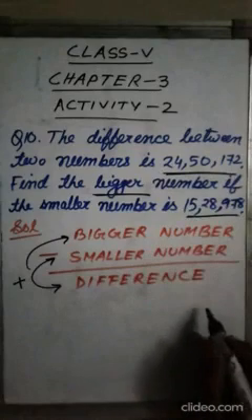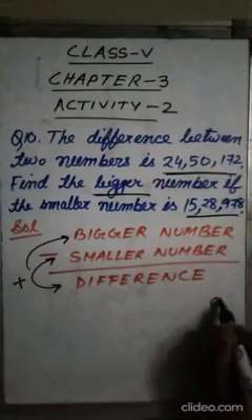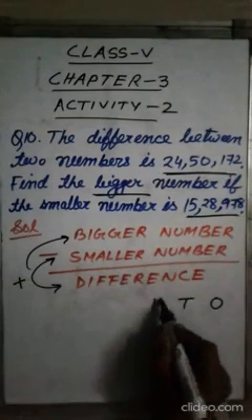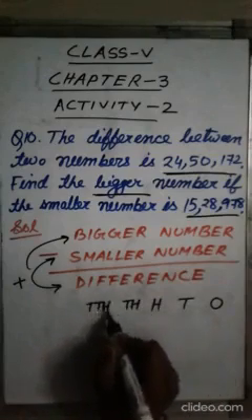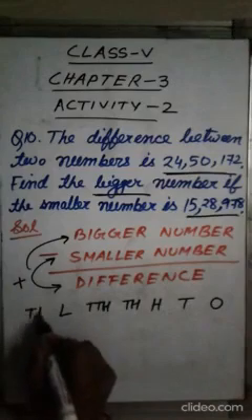For that, I shall write the place value chart. 0, 10, 100, 1000, 10,000, lakh and 10 lakh.